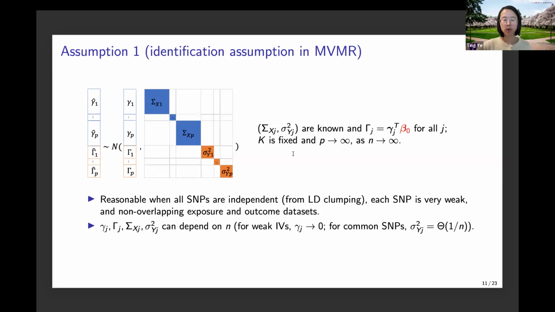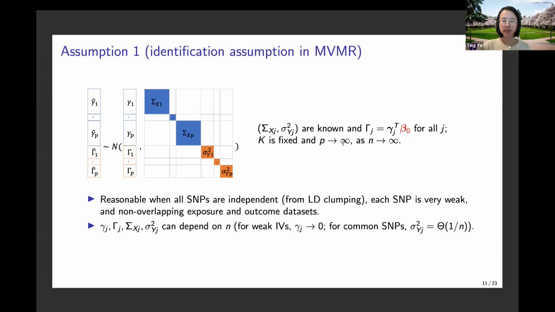And in our framework, we assume that the number of exposures denoted by K is fixed. So like in the previous example, we have 2 exposures, the adult BMI and childhood BMI, so that's fixed. This is very reasonable in MVMR because currently in most settings, we are only able to deal with a finite number of exposures, or a small number of exposures.